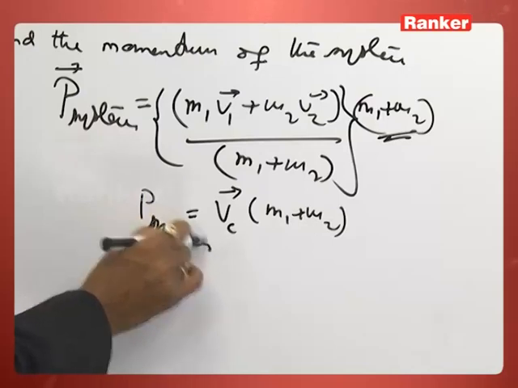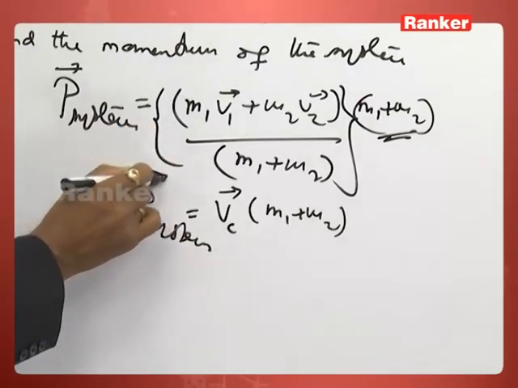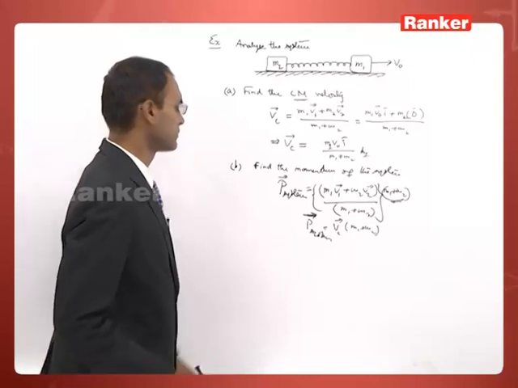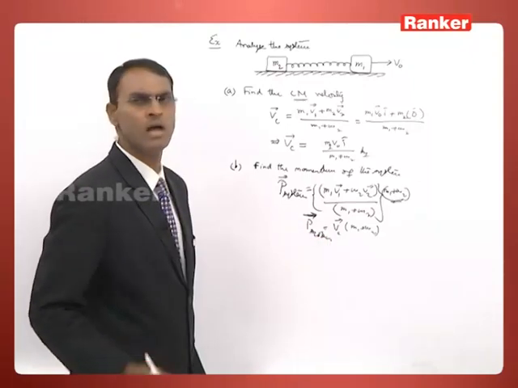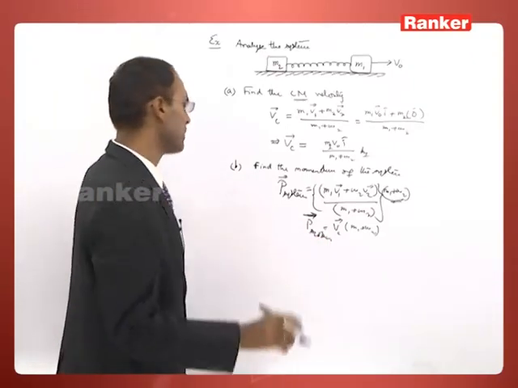So the momentum of the system can be given as the total mass of the system into the center of mass velocity.